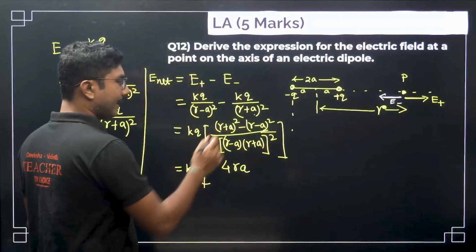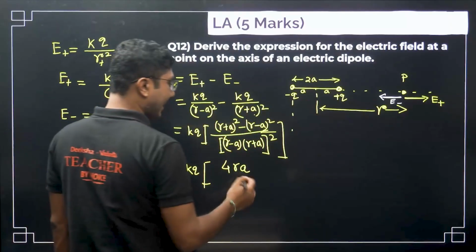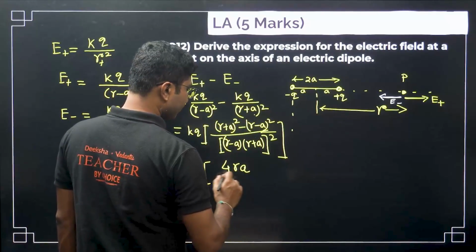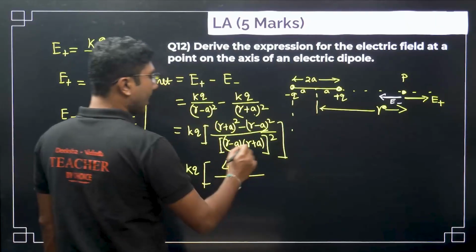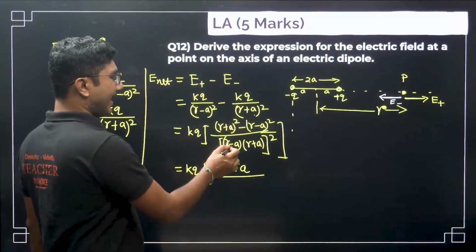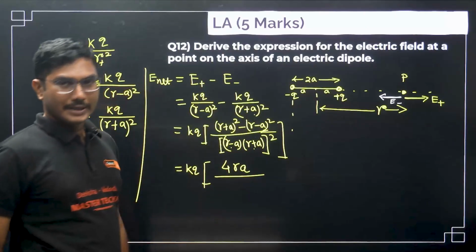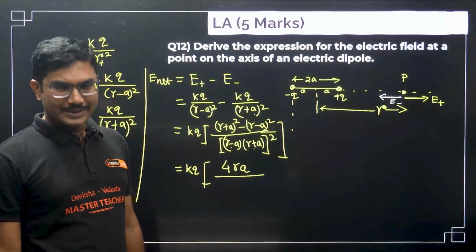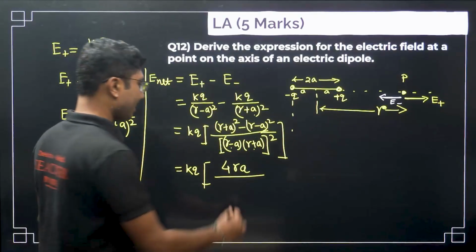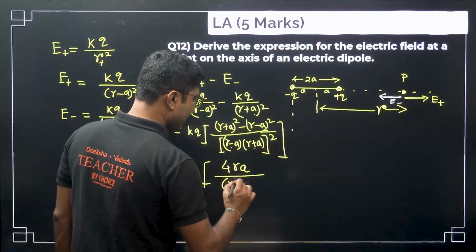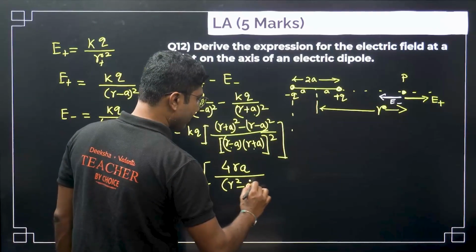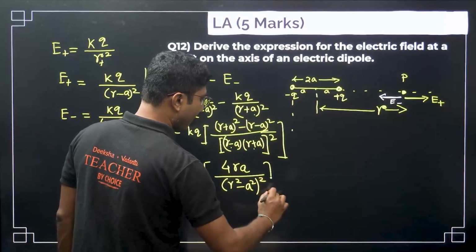Here a is R, b is a, so 4Ra divided by, a minus b into a plus b, that is a square minus b square. So here we get R square minus a square whole square.